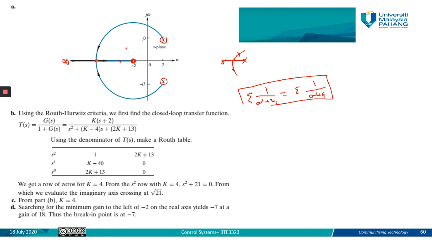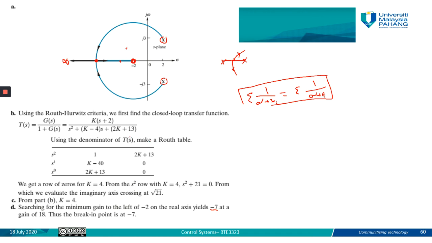And in order to find this break-in point here, since I have the one zero here, and this semicircle will cross the real axis here, I need to find the minimum gain on the real axis that yields -7, at the gain of 18.